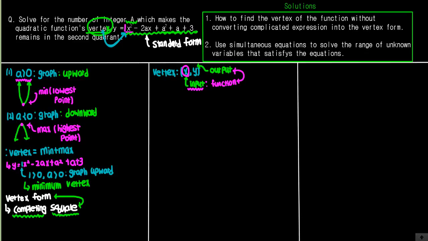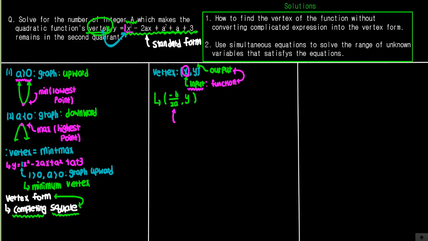Again, I won't be able to prove our new formula for the vertex here, and I'm going to prove it in the next video. With the formula, the coordinate that we're going to create is negative b over 2a, comma y value. The difference between the normal coordinate and this coordinate is that this one is optimized for solving for the vertex.